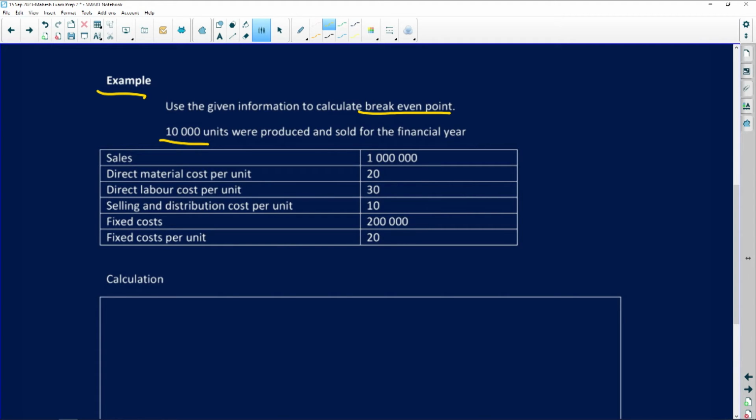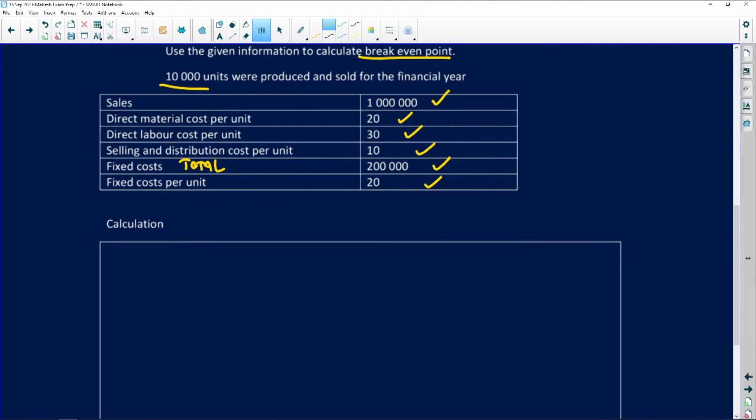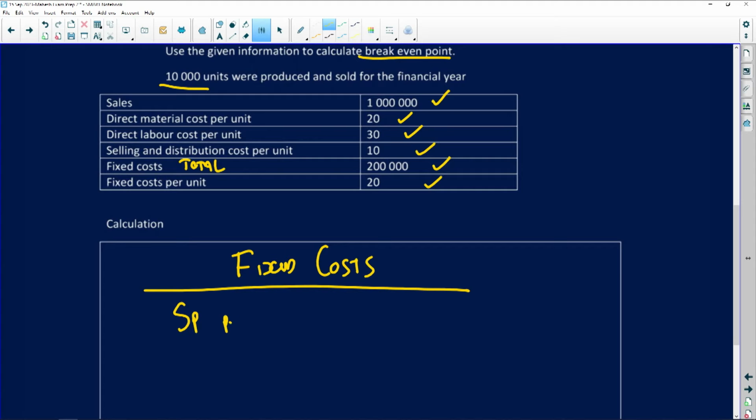Right, so from the information given, as you can see, we've got sales, direct material cost per unit, direct labor cost per unit, selling and distribution cost per unit, fixed cost, which is the total fixed cost, and fixed cost per unit is given to me. Right, so my calculation is as follows: fixed cost divided by selling price per unit, what I wrote above, minus variable cost per unit.